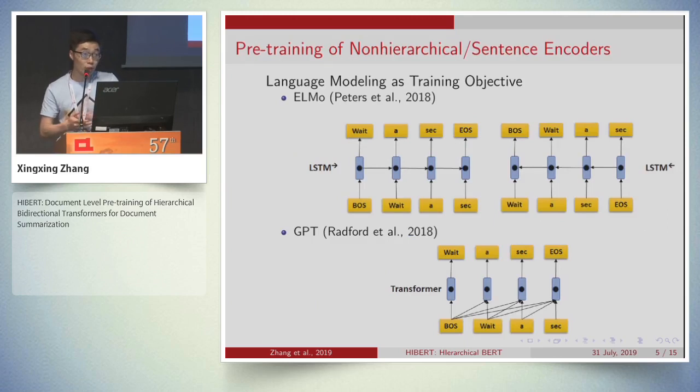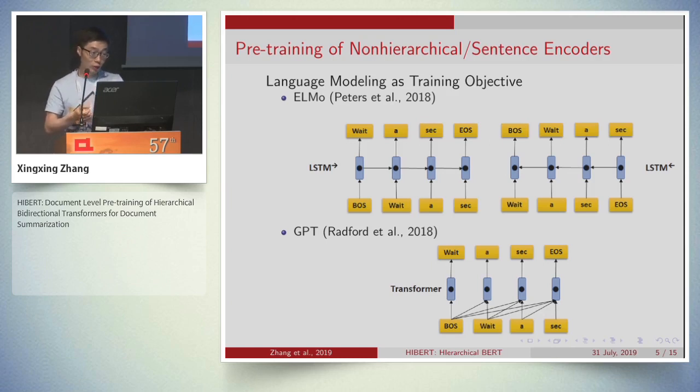Okay, let's first recap what has been done for the pre-training of non-hierarchical encoders, that is the sentence encoders. People try to use language modeling as a training objective, which is to predict the next word given all the preceding words, or predict the previous words given all the words after it.